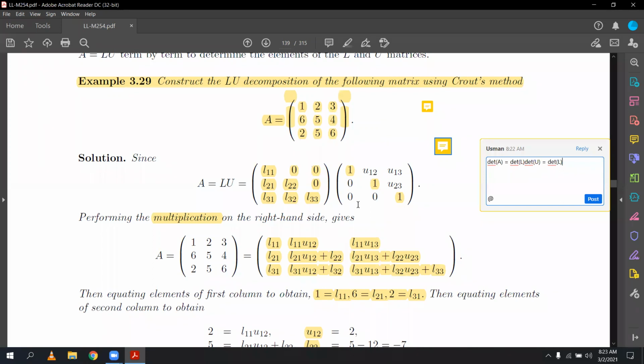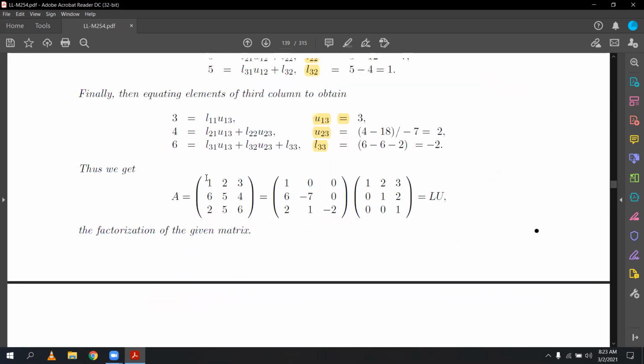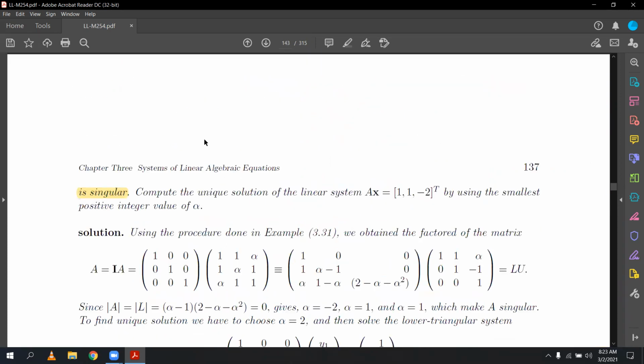In the case of the Doolittle method, determinant of A is always equal to determinant of U. But in the case of the Crout method, the determinant of A is always equal to determinant of L. What is the determinant of L from this formula, please? L11, L22, and L33. This is the multiplication of the diagonal elements. Okay, remember that one point, please. Let's go to the example.